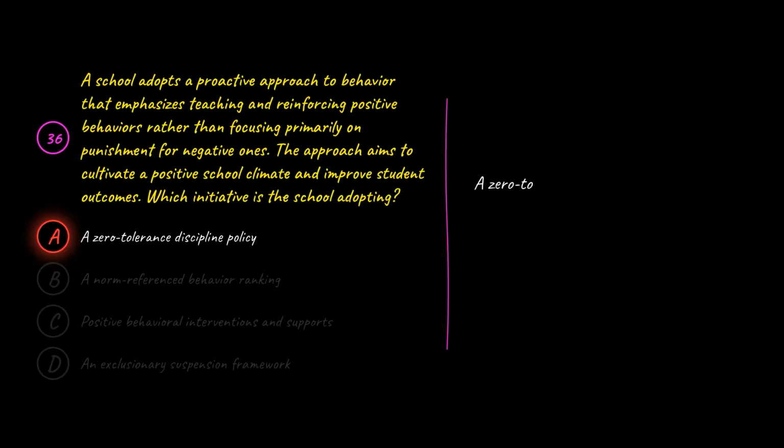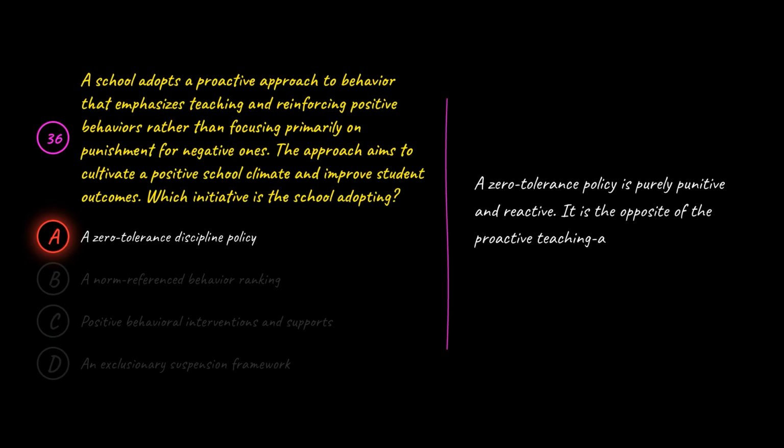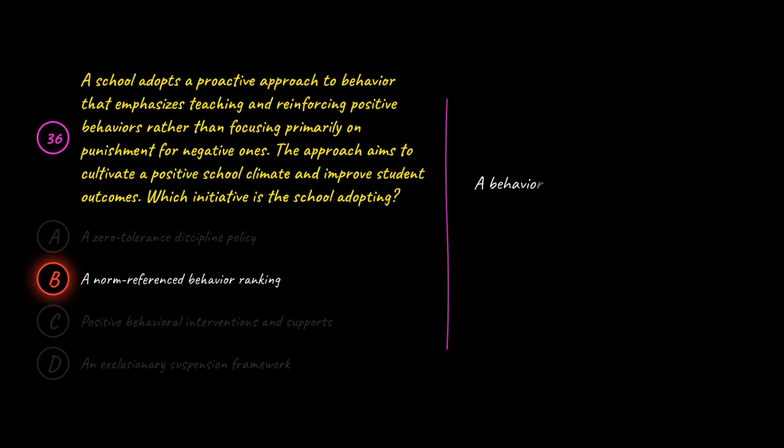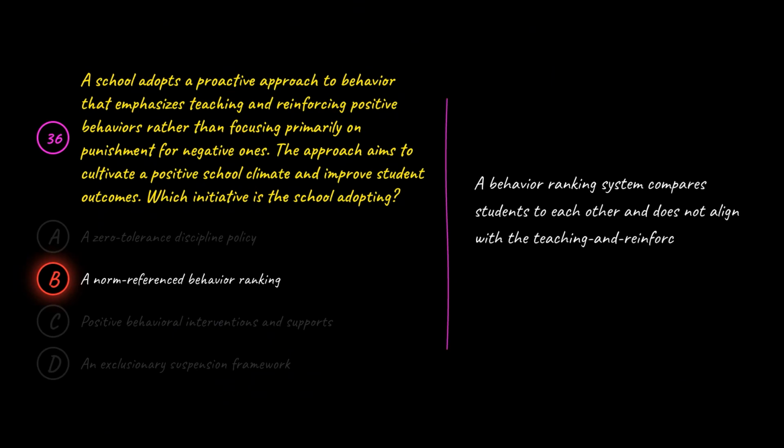A is wrong because a zero tolerance policy is purely punitive and reactive. It is the opposite of the proactive teaching and reinforcement approach described. B is wrong because a behavior ranking system compares students to each other and does not align with the teaching and reinforcement focus of the strategy described.